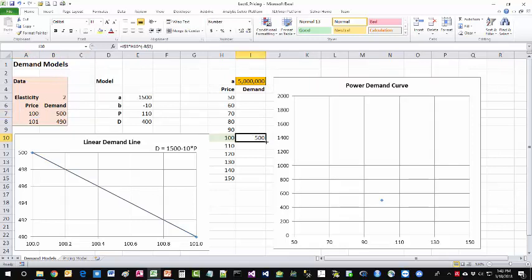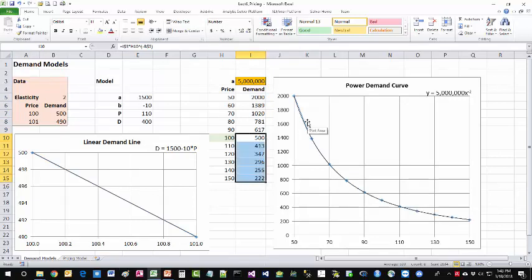Now, all you have to do is copy up and then down this relationship. You'll notice that for $110 in price, for example, the demand is estimated at about 413 units, which is relatively close to the 400 coming out of the linear model from the previous video.